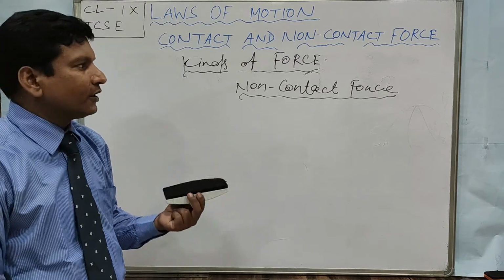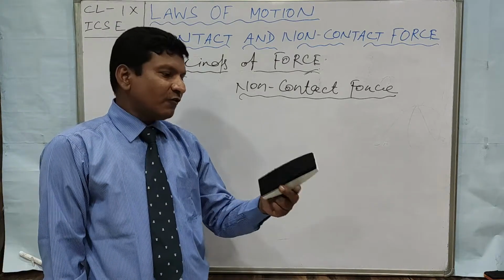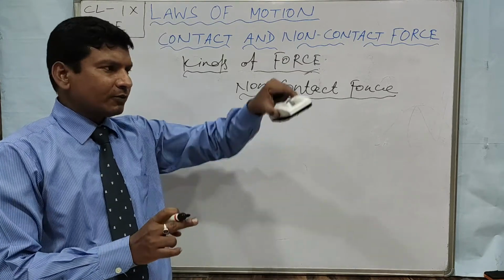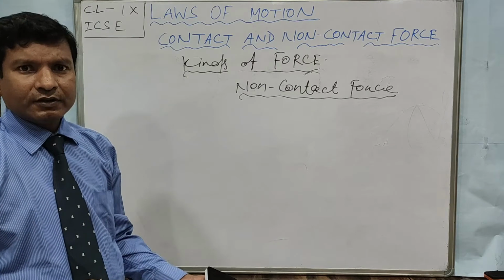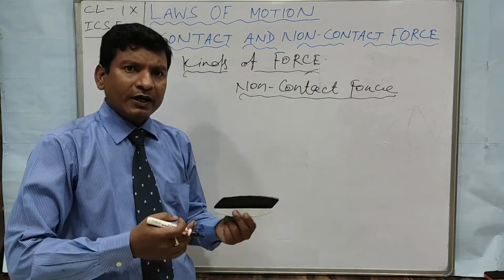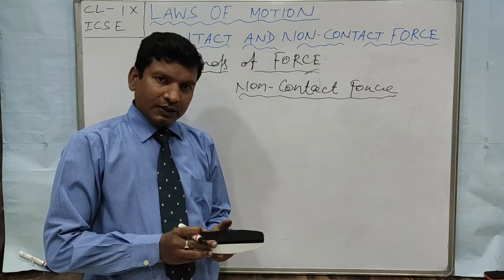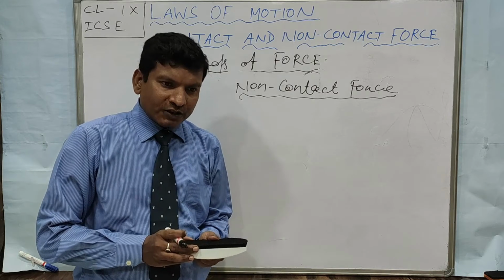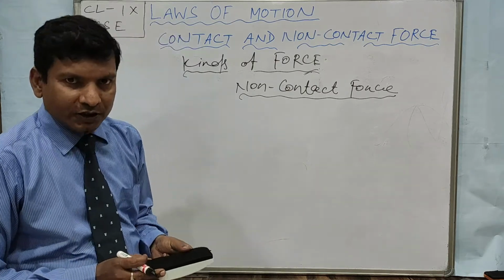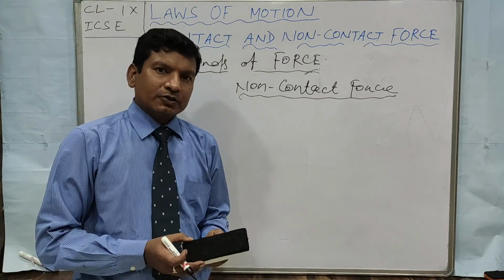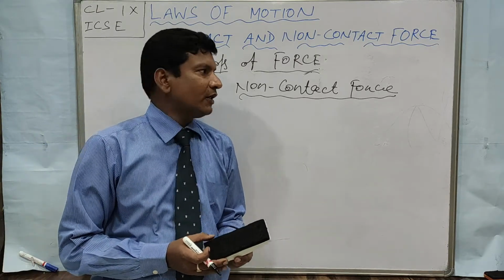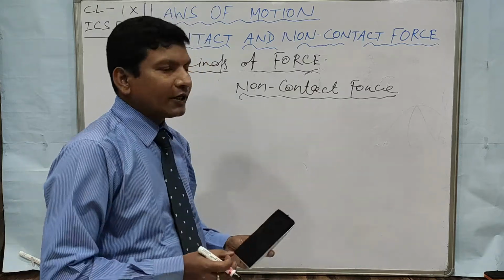One force is exerted on the duster, due to which it is moving towards the ground. What is the reason? The force of gravity is acting on the duster, due to that the duster is moving towards the earth's surface. So the gravitational force is an example of a non-contact force.